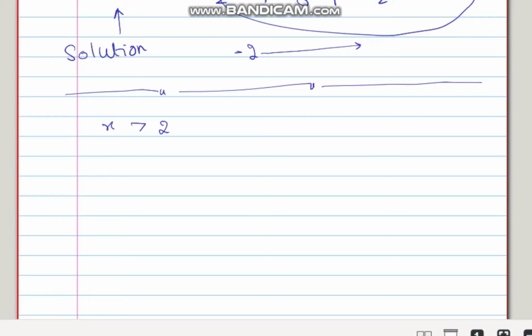Now, dear students, I told you before to deal with the inequality like an equation. I am writing some general instructions with the red pen, because these are very important points.